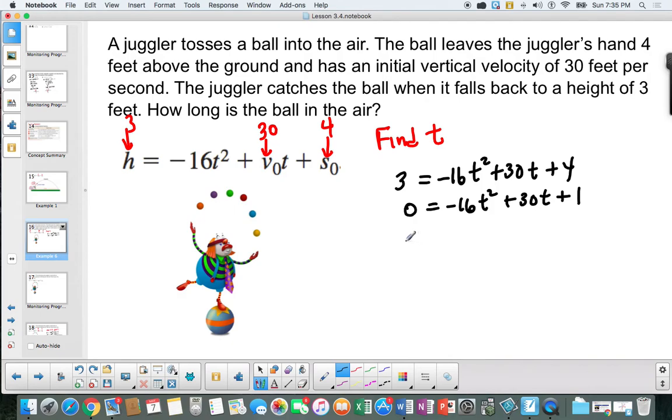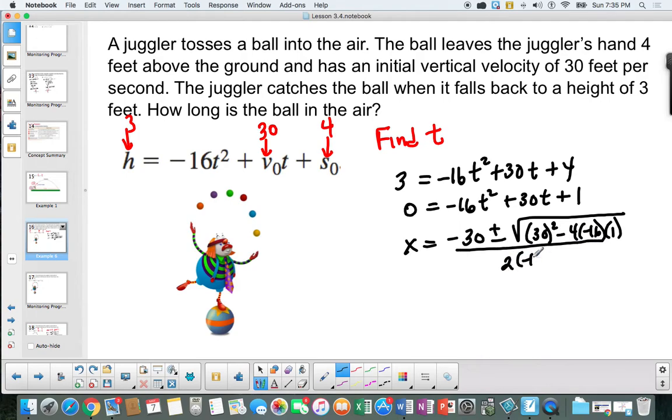Okay, so now I'm going to use the quadratic formula to help me solve. -30 plus or minus square root of 30 squared minus 4ac all divided by 2 times -16. I'm going to use my calculator to help me find the answer.